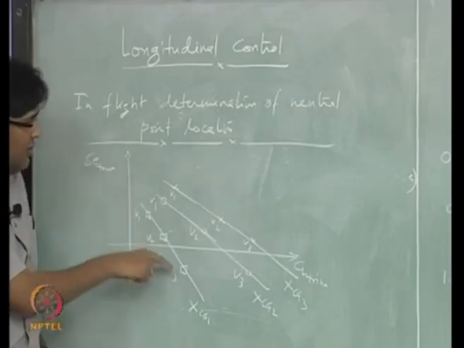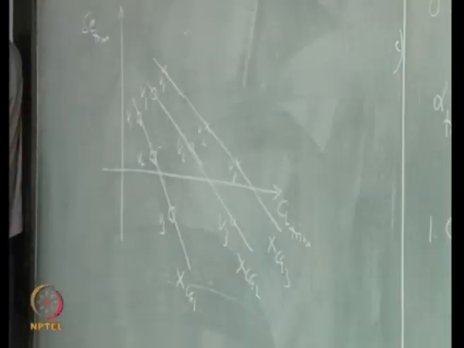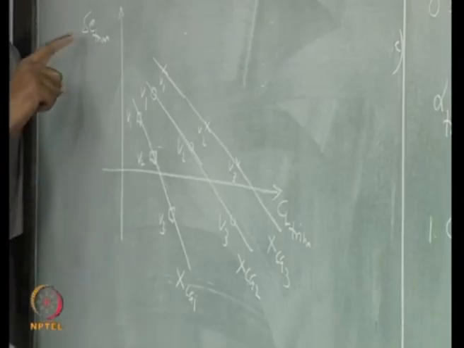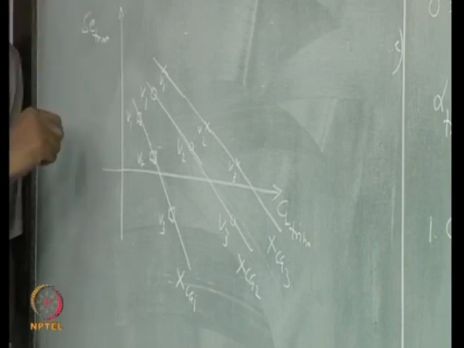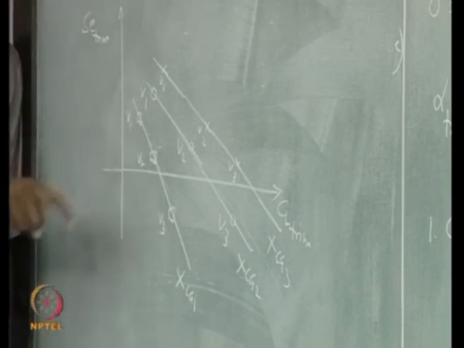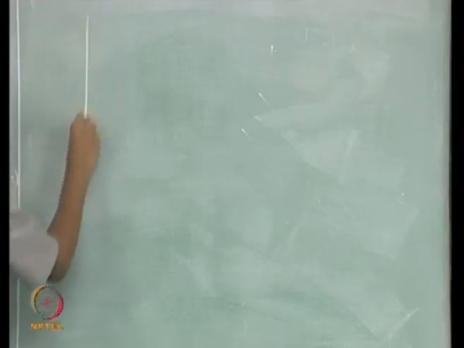Now, I can find out the slope of each of these curves, is not it. I can find out d delta E trim over d CL trim from these curves. So, now I am plotting this.